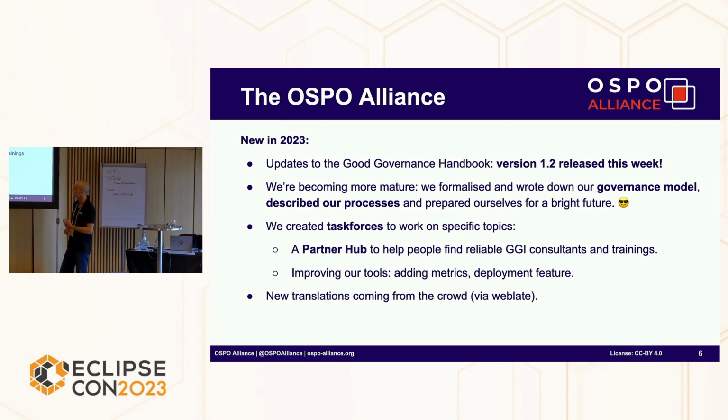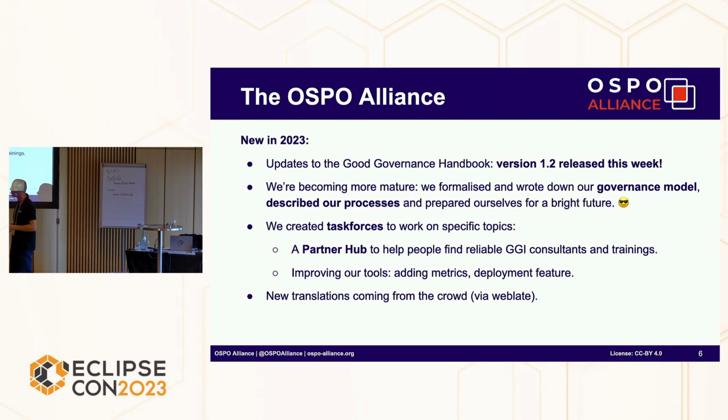We also created a set of task forces to work on specific topics and not focus only on the handbook. We now have a partner hub to help people find reliable and trusted GGI consultants who provide consultancy and trainings. We worked on our tooling, so we have a task force working on adding metrics to the handbook, to help you measure the progress and the success of the deployment of your OSPO within your organization.